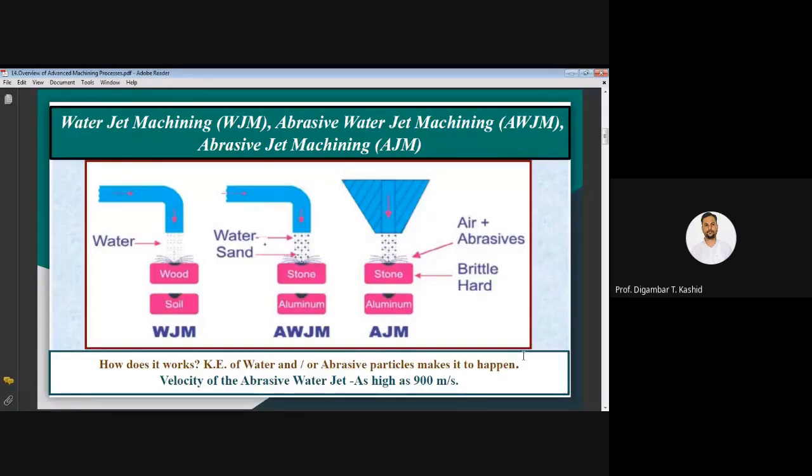Now, in case of water jet, the question is what will be the velocity of your water jet? Generally the velocity of a water jet is as high as up to 900 meters per second. So here the kinetic energy of your water jet is what makes that removal of the material happen.